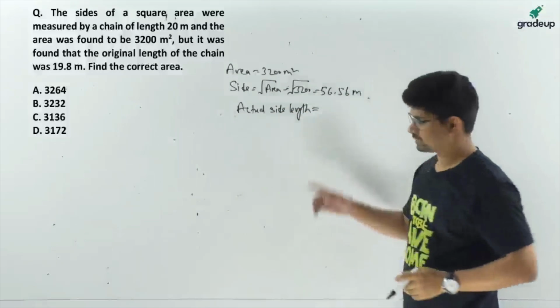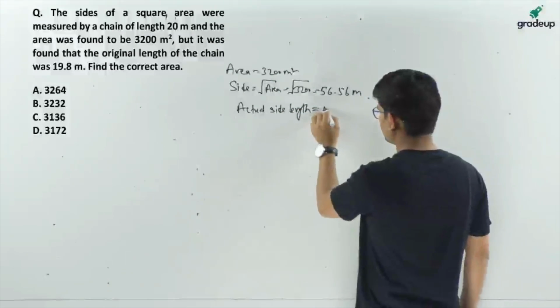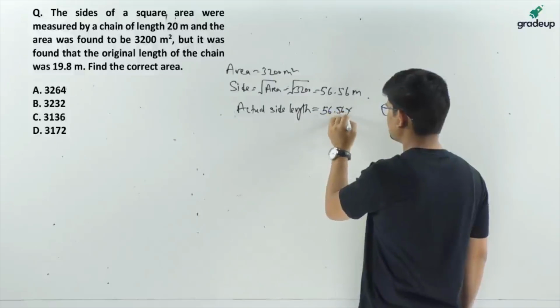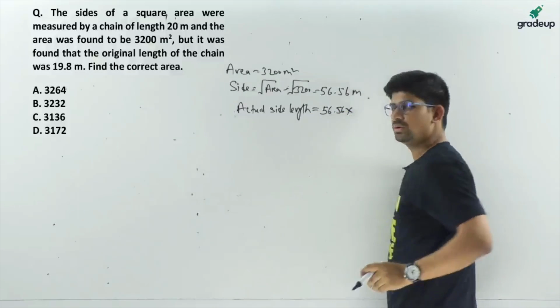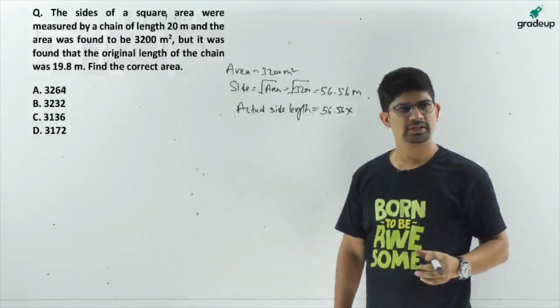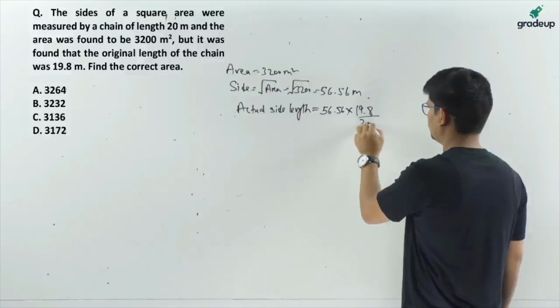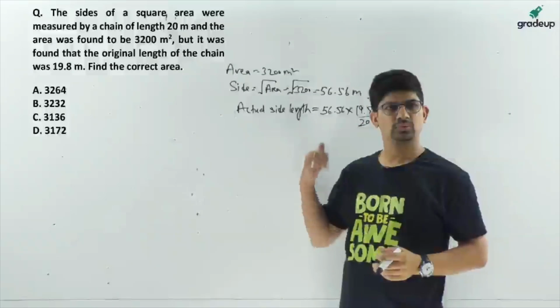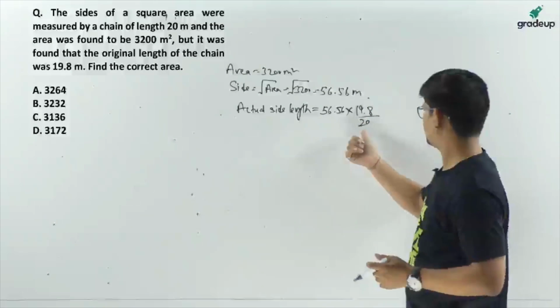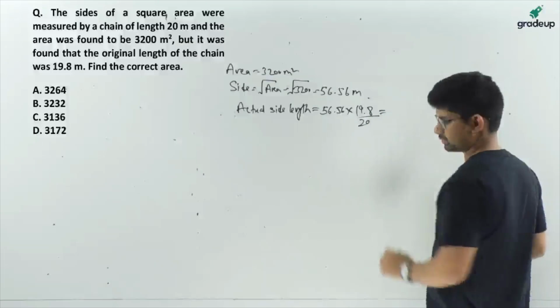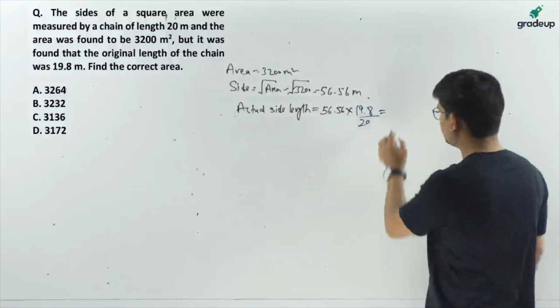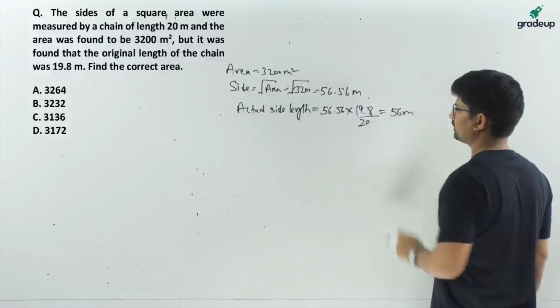Okay, so you have to calculate the actual side length. Okay, so actual side length will be 56.56 into what was the original length, 19.8, and 20, the incorrect length is 20. Okay, so the length of the side will be 56 meter, which you will get.